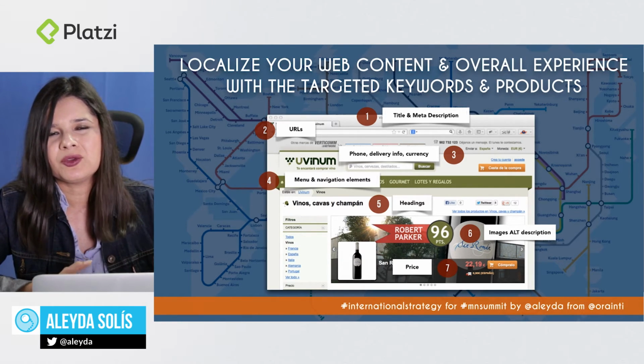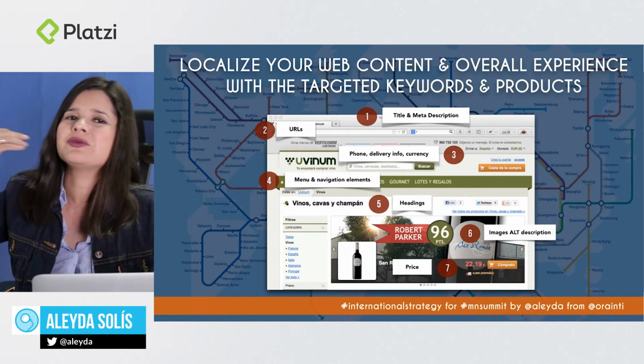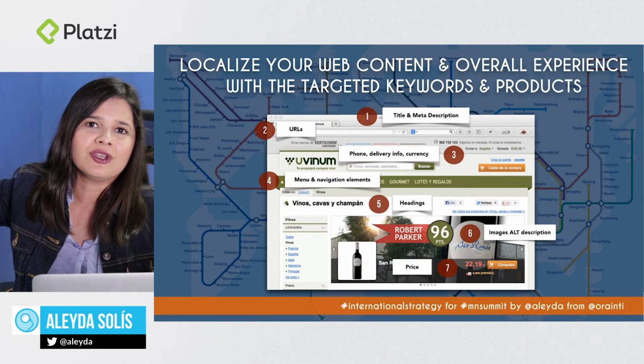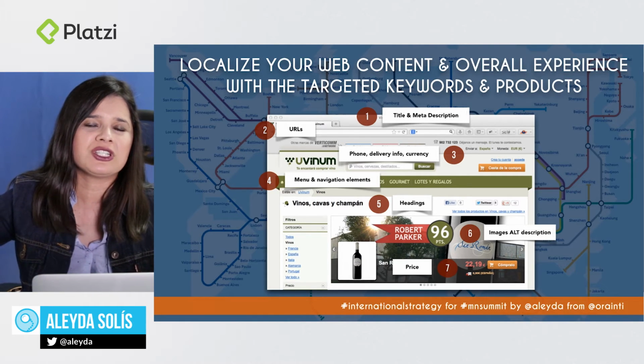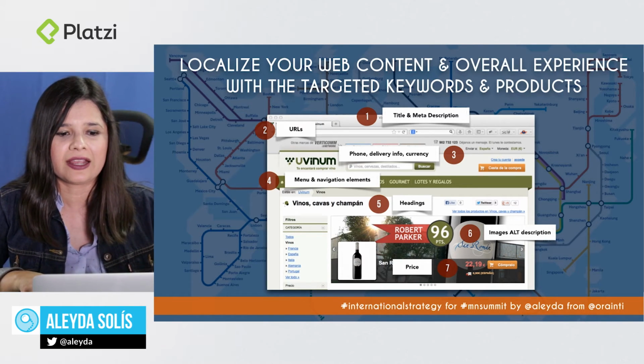The basic thing to do is to make sure that you have everything translated, everything localized as much as possible, from URLs to titles to content to audio descriptions, everything needs to be targeted towards the right language.